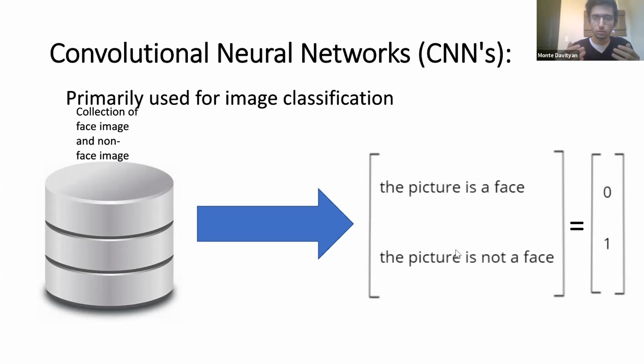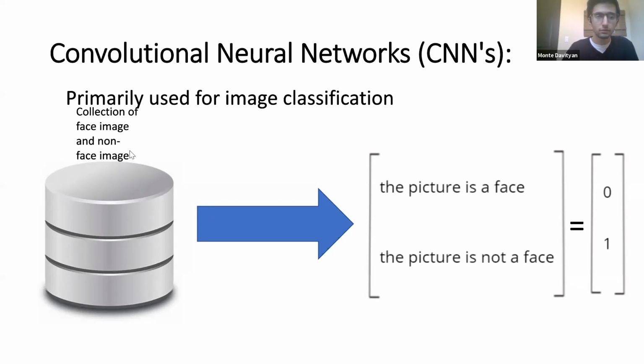So we can use machine learning on the specific images, but in sequence. Primarily, convolutional neural networks are used for images, videos too. That's where they're really accurate and really good in those particular tasks.